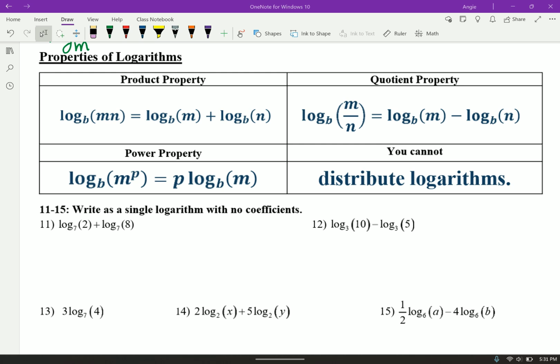Just like exponentials, students, exponentials had properties, right? Now logarithms also have properties. So if we have log base b of m times n, then it equals log base b of m plus log base b of n.